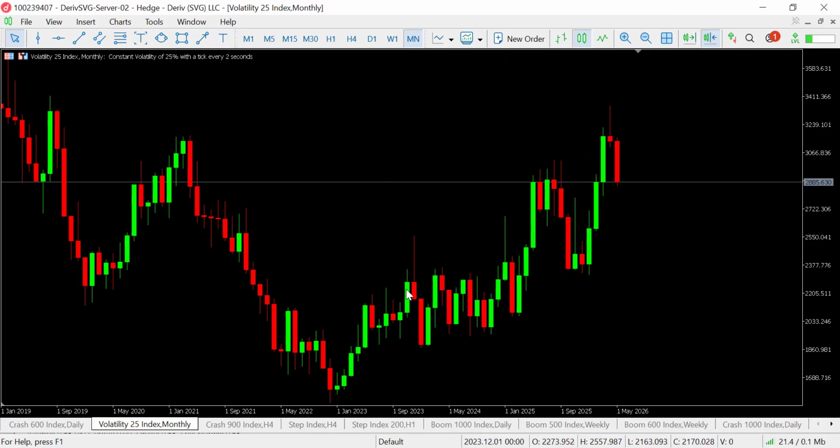But this lower high was invalidated because it failed to give us a new lower low.